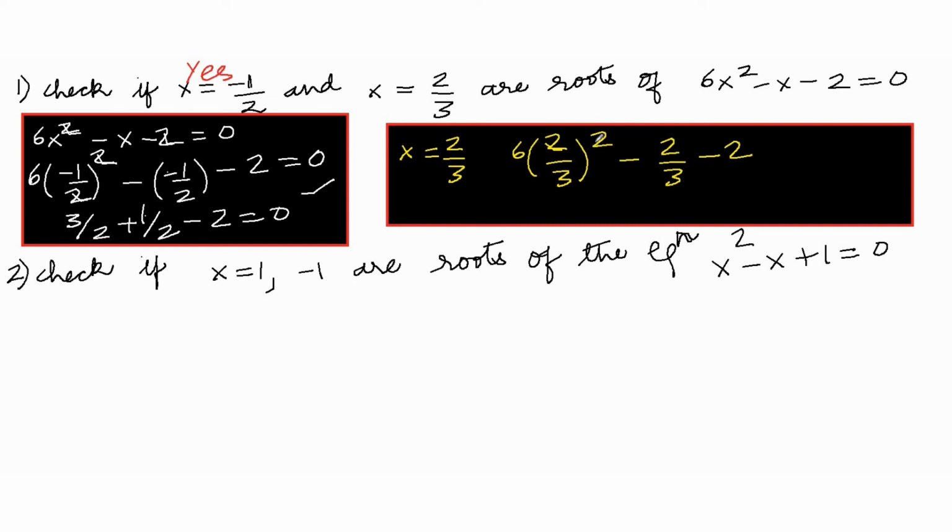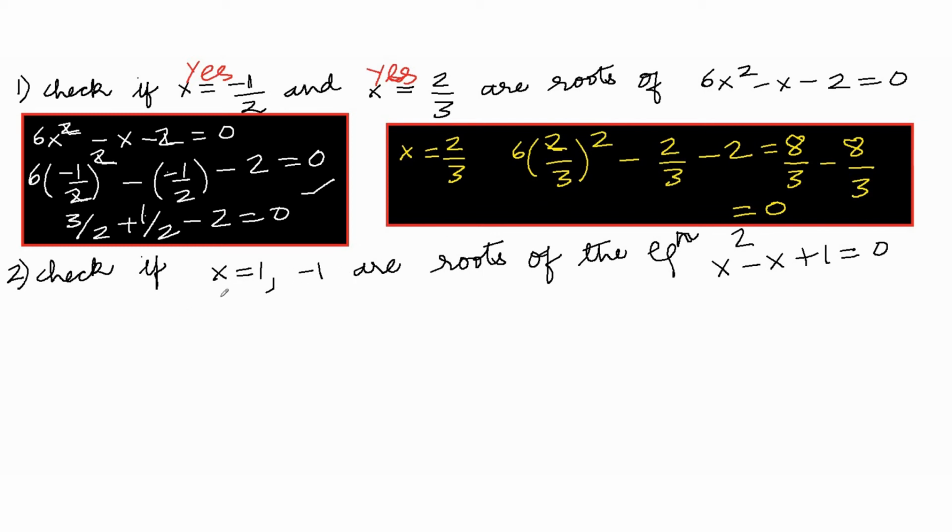After I take 2 by 3 square, it becomes 6 into 4, that's 24. 24 by 9 is 8 by 3. So this is 8 by 3 minus 8 by 3. If you combine minus 2 by 3 minus 2, it is minus 8 by 3. And 8 by 3 minus 8 by 3 is definitely 0. That means I can say that yes, even x equals 2 by 3 is a root of the given quadratic equation. Now let's take the next problem.